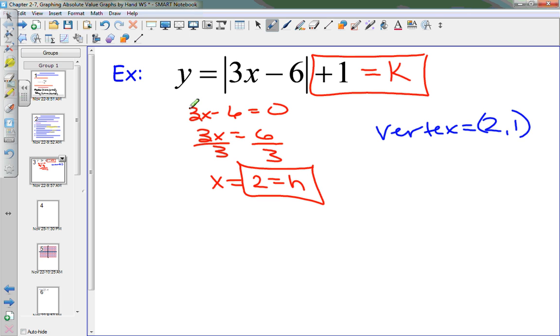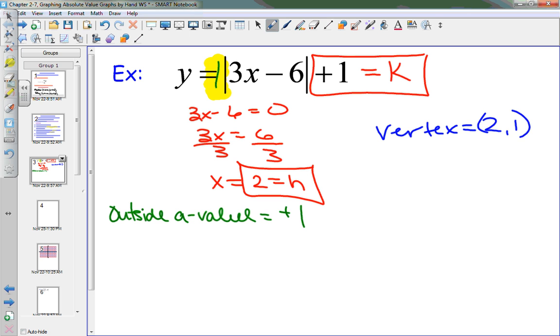So look at our a values. What is my outside a value? I just talked about this previously, right? There's not anything there, so if there's nothing there, what's understood to be there? 1 is understood to be there. So we need to make sure that the 1 is there. You need to physically put it there. So my outside a value gives me a positive 1.